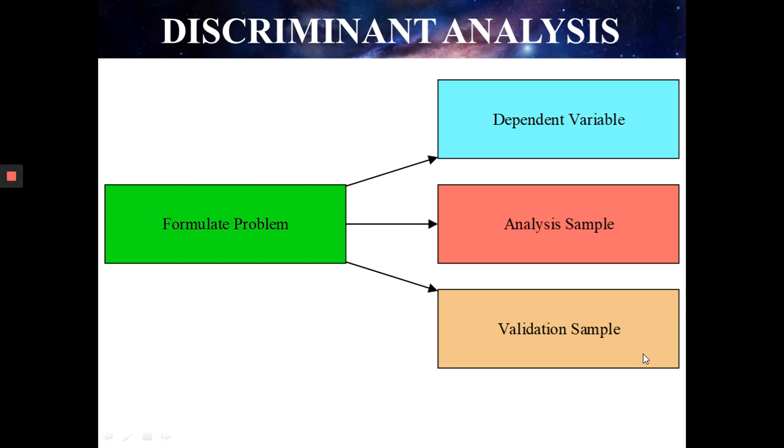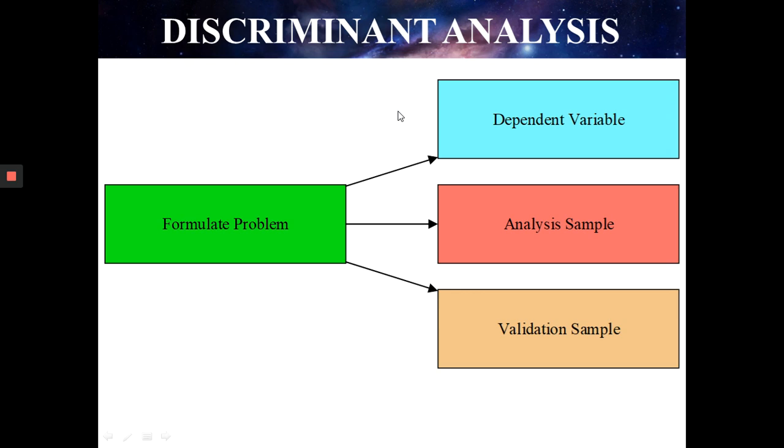So we're going to formulate the problem. This is the first step in discriminant analysis: to formulate the problem by identifying the objectives, the criterion variable, and the independent variables. The criterion variable must consist of two or more mutually exclusive and collectively exhaustive categories.